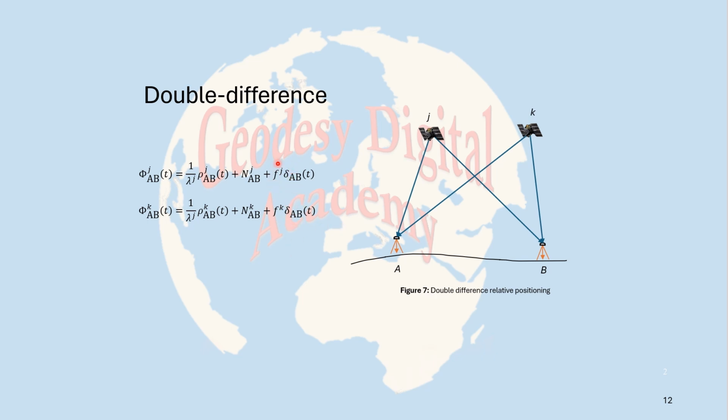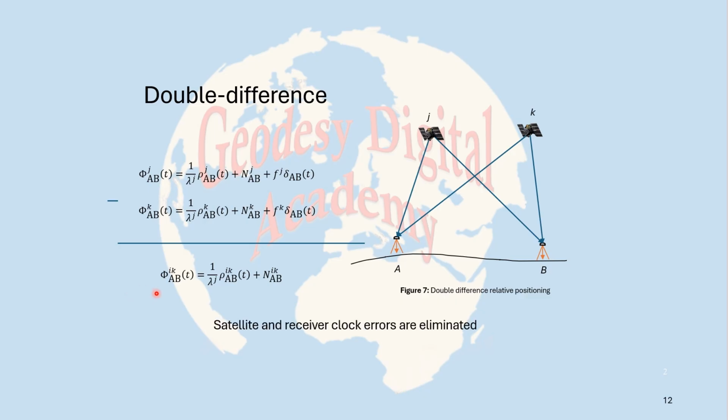The satellite signal frequency is always the same for all satellites. So if I subtract these two equations from each other, this common part will be eliminated. This double difference equation is free of satellite clock error and receiver clock errors, meaning that both satellite and receiver clock errors are eliminated.